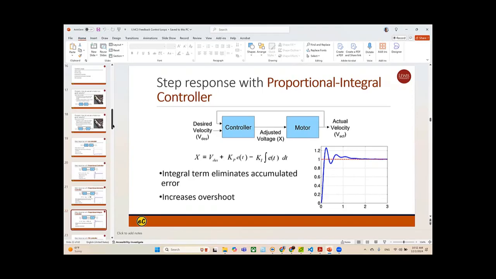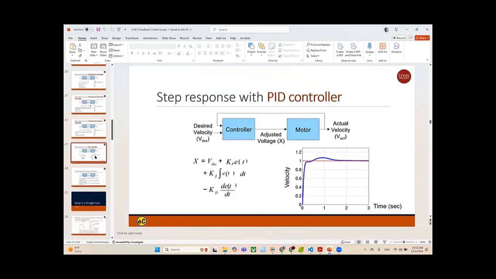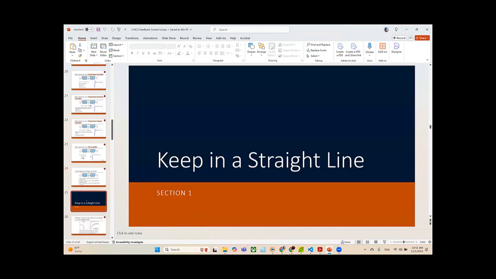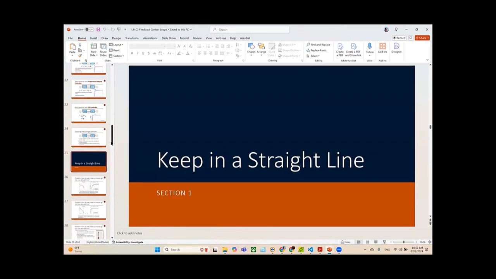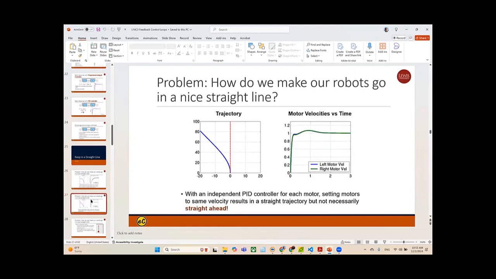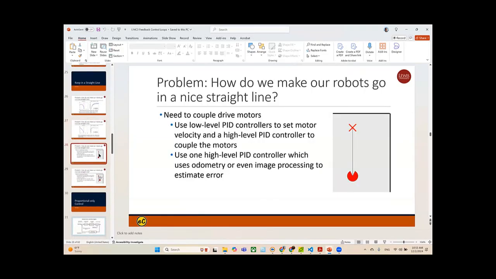We have different kinds of PID structures to help you optimize it. Next is keeping a car in a straight line. Your car's two wheels may spin at different speeds, and using that you can control your direction, right or left. So here we also have direction control.